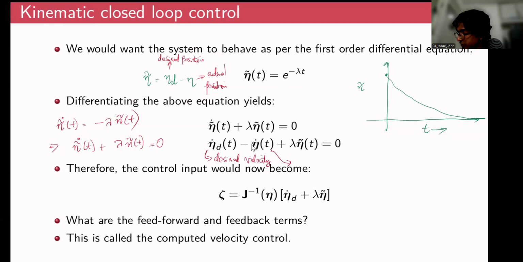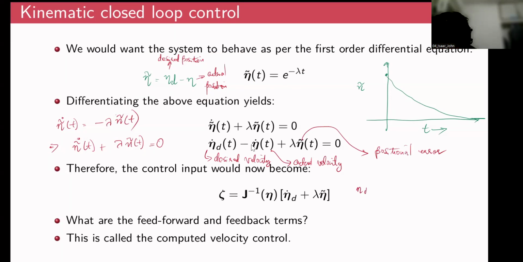And maybe this is the actual velocity. And this, eta tilde, you can call this the positional error. Right? So I'll rewrite that equation: eta desired dot minus eta dot plus lambda eta tilde.